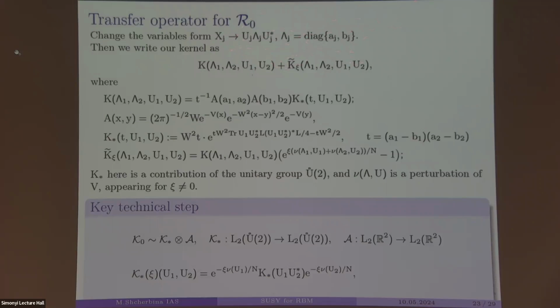Here is diagonal, and we obtain that your kernel looks almost like a product of kernels. It is not exactly a product, because this T here is an operator with respect to a unitary matrix, here an operator with respect to positive real numbers, and here also real numbers.